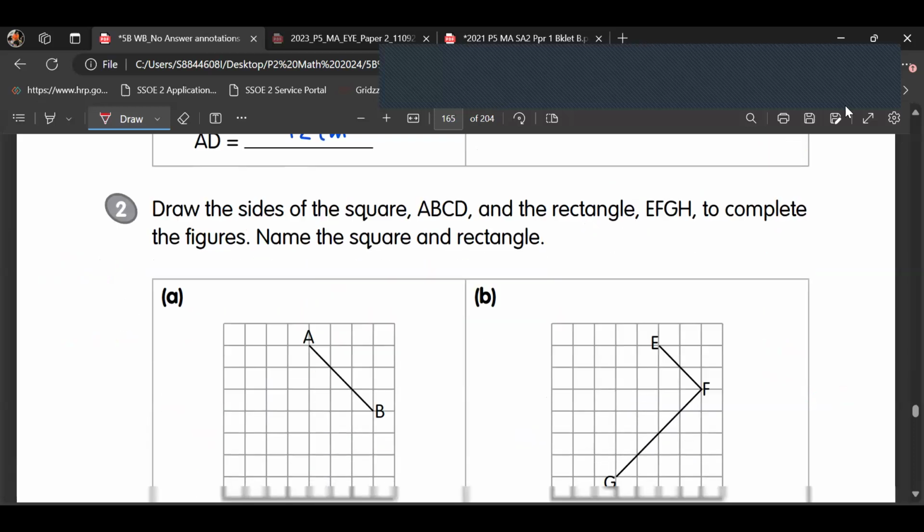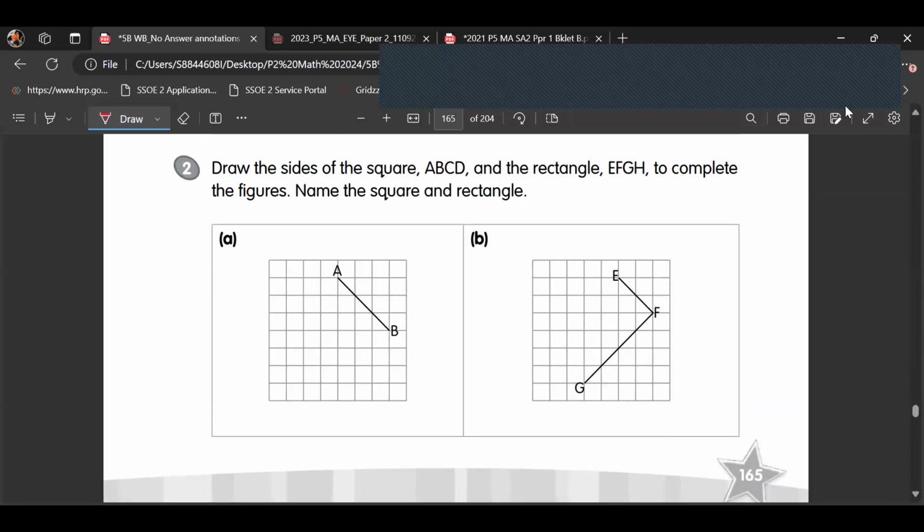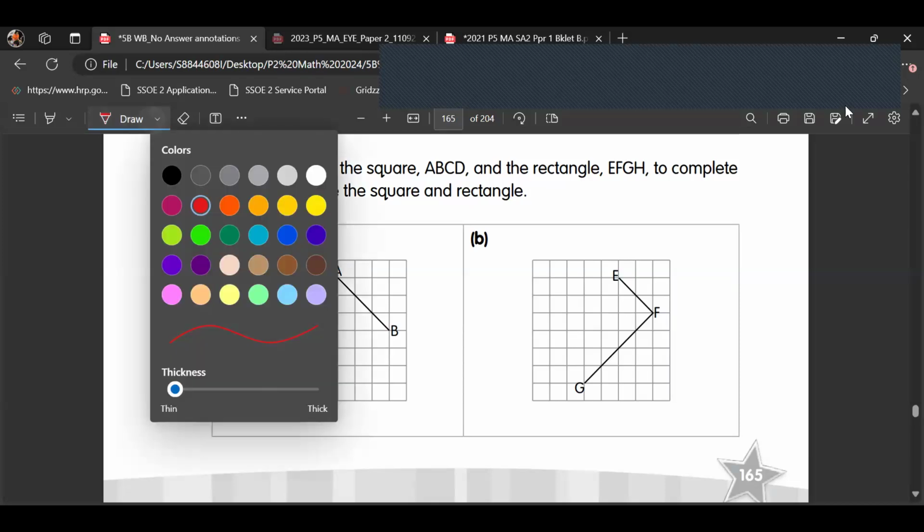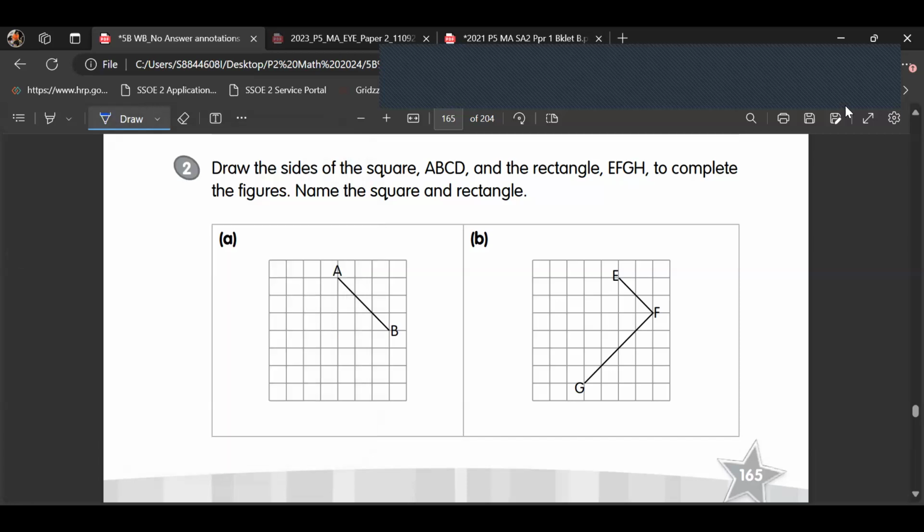Okay, the square grid one has a trick to it. You need a ruler, please. Ruler and pencil. Drawn with a ruler and pencil. Can I share the trick with you, or you want to figure out the trick on your own? You've got a square ABCD, and then a rectangle.